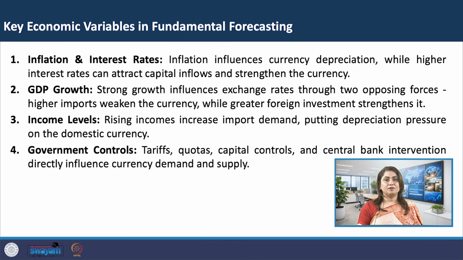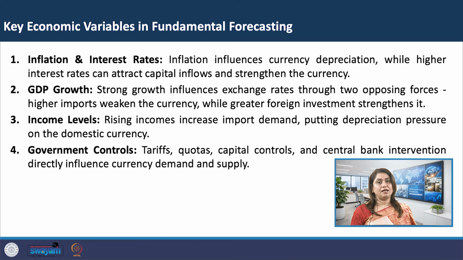The fourth is government controls, which include tariffs, import duties, quotas, and capital controls. All these, along with central bank interventions, directly affect the supply and demand for currencies. A government that restricts imports, for example, reduces the demand for foreign currency and supports its own currency.